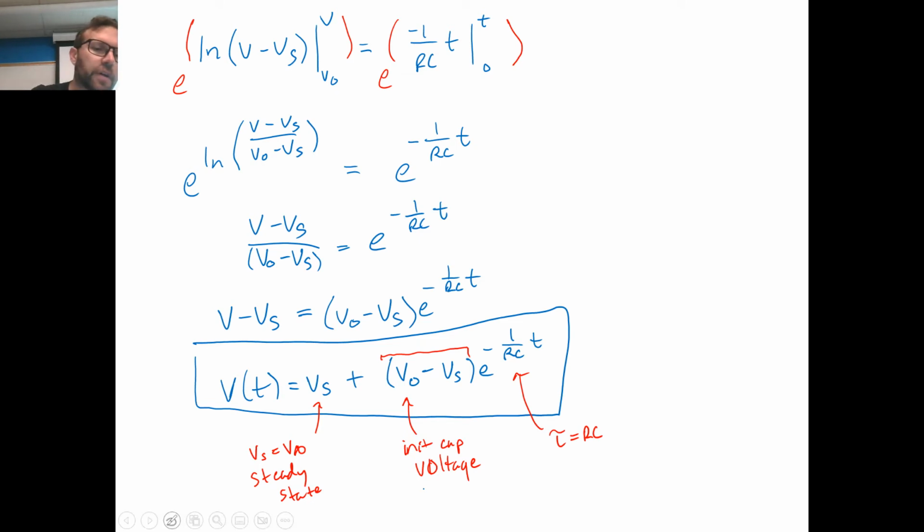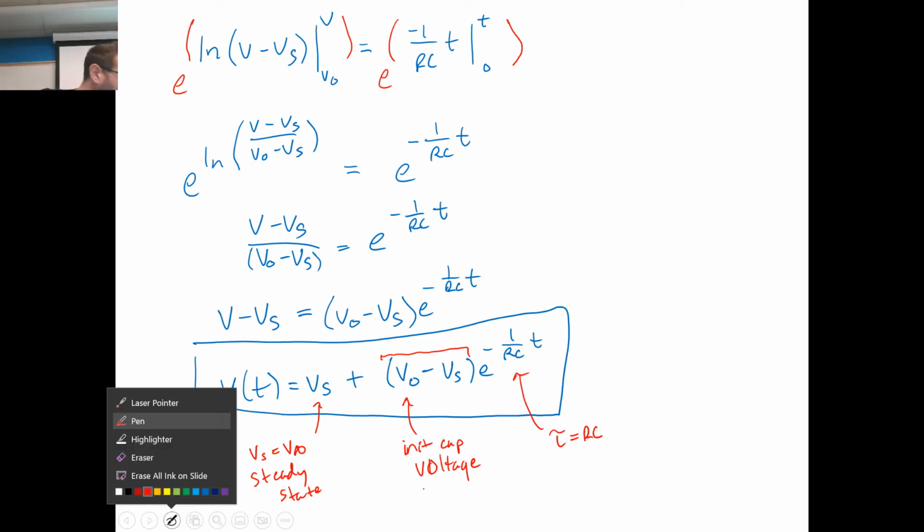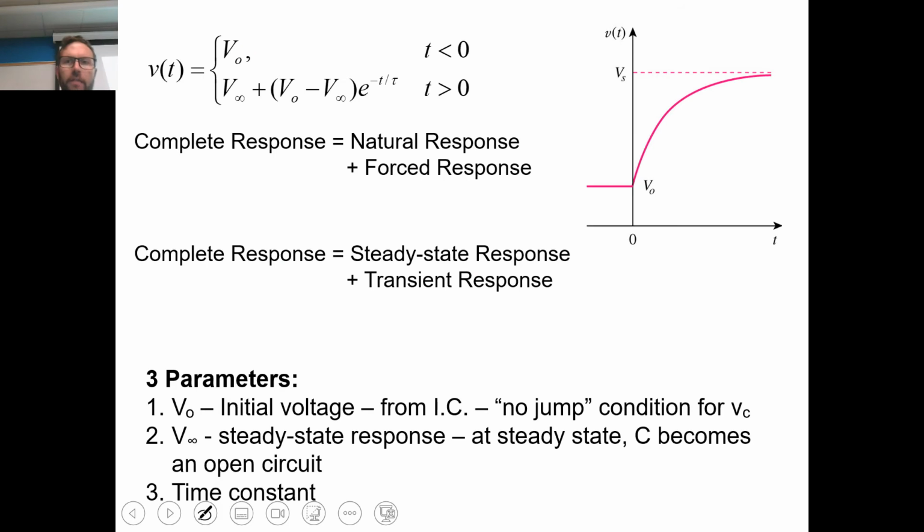If we were to draw this on my slides, here I've got this on the next slide. All right, so V of t. You see this is the steady state here, it's V at infinity. Here's the initial cap voltage, so you can see this is coming out of the initial cap voltage, V naught.